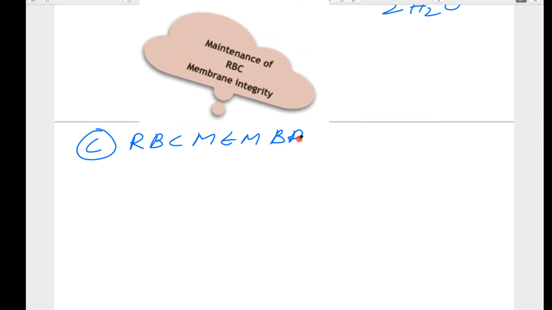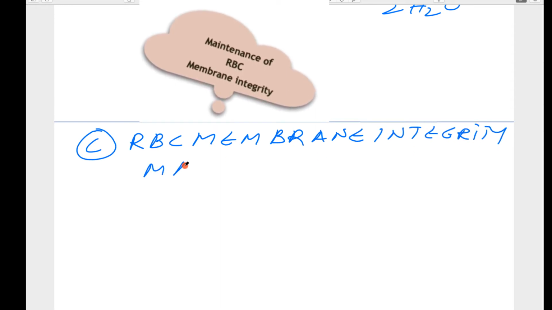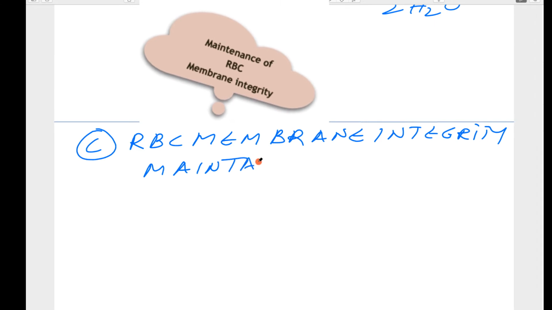The next one is RBC membrane integrity maintenance. The integrity is maintained by the presence of this NADPH.